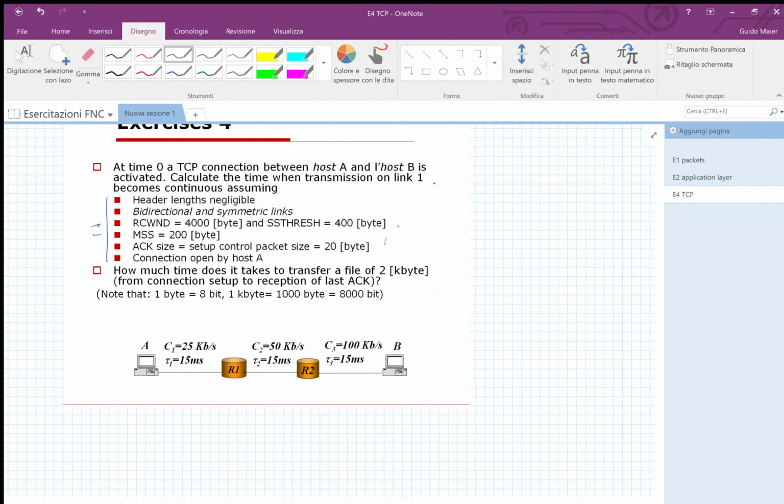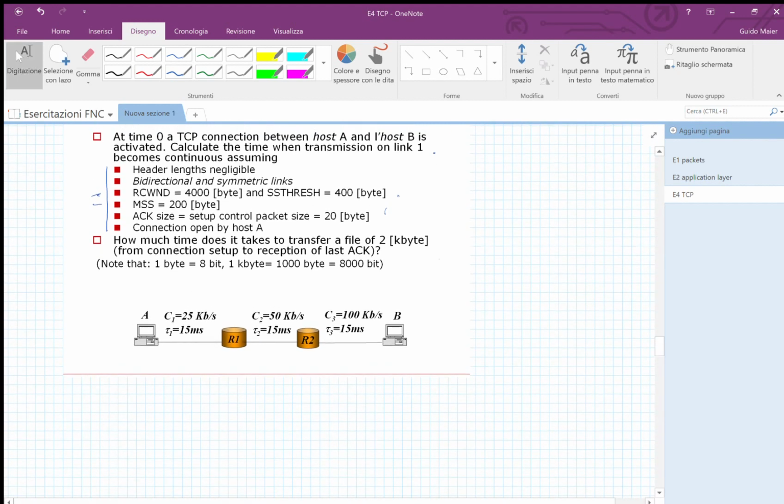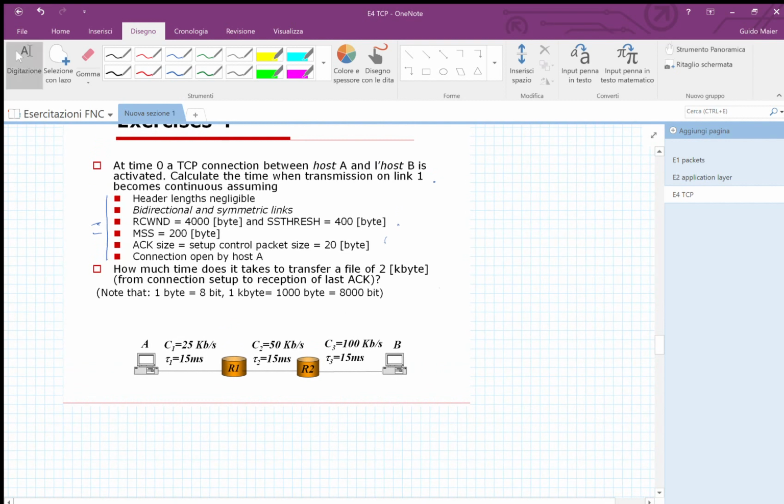So, first of all, we can do some calculations. Another thing is that you see that also in this case, the capacities of the interfaces are increasing hop by hop, and in particular, the third one is the double of the second, which is the double of the first.